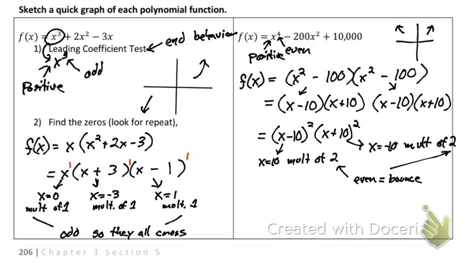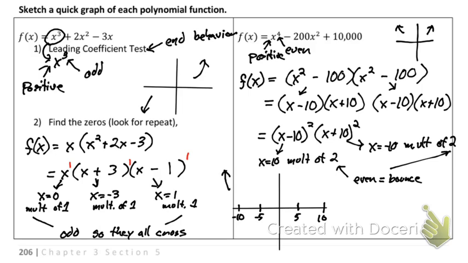I'm going to have a smaller graph just so I can fit it on that same sheet. Well, it looks like we need to go from negative 10 to 10. So let's just go negative 5, negative 10. We will go 5. We will go 10. All right, we said it's even, so it should start high and end high.